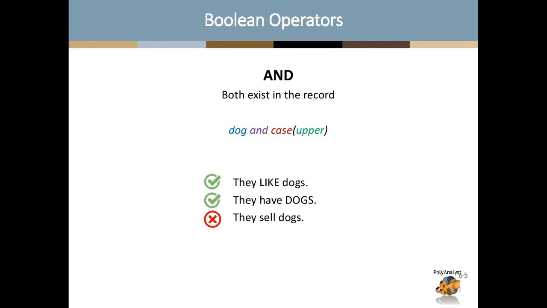So dog and case upper looks for a document that contains the word dog and something in uppercase. So they like dogs, like is in uppercase there, and there's the word dog, so this is matched. They have dogs, there is dog, and in fact the thing that's in uppercase is dogs, so this is matched. But the last query is not matched because while there is dogs, there is not something in uppercase.